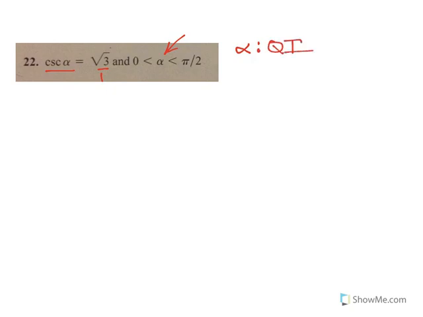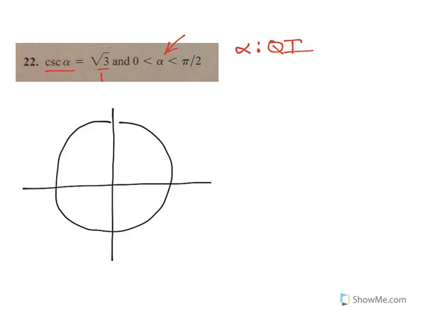And if we go ahead and make a sketch of this, so alpha is some angle, we don't know what it is, but we know alpha rotated into quadrant 1 somehow. And what are the facts given to us? It's given to us that cosecant is radical 3 to 1.